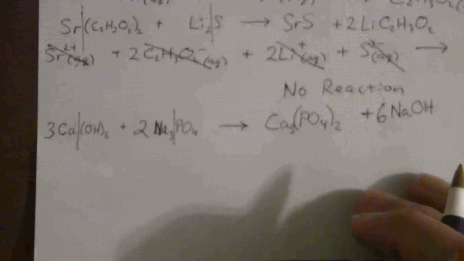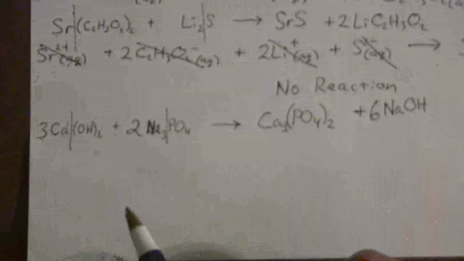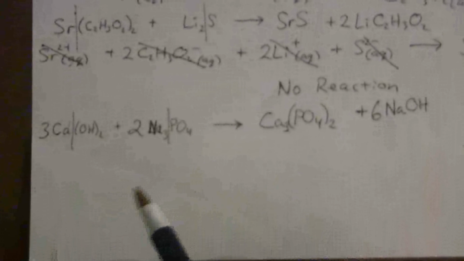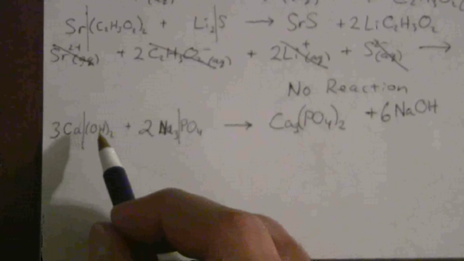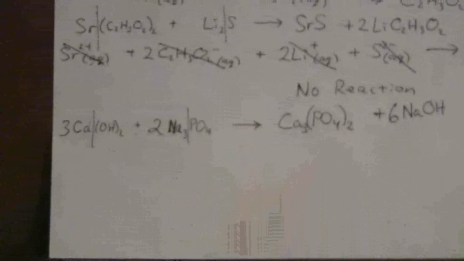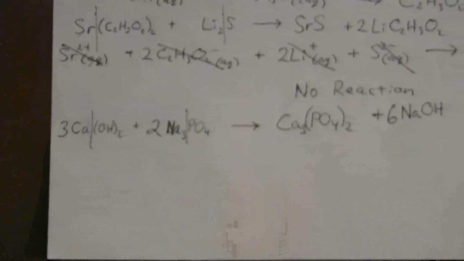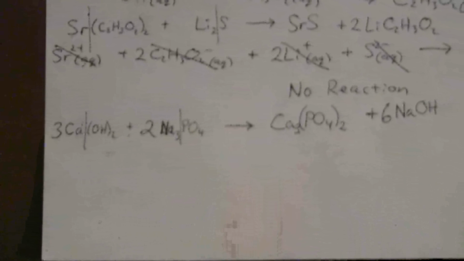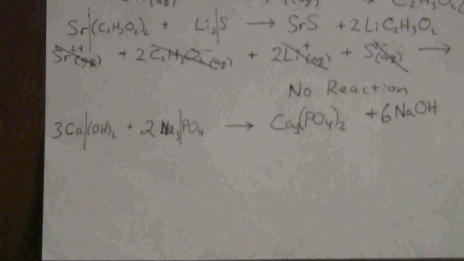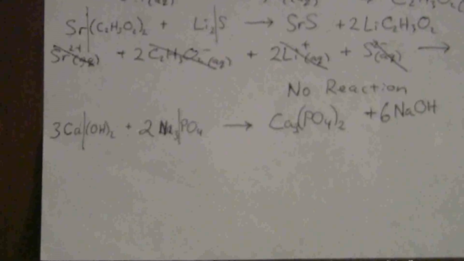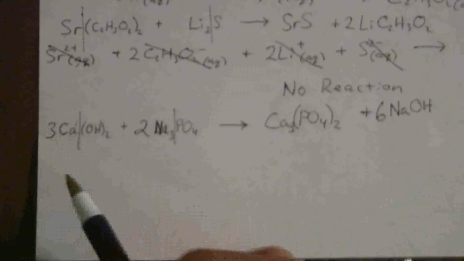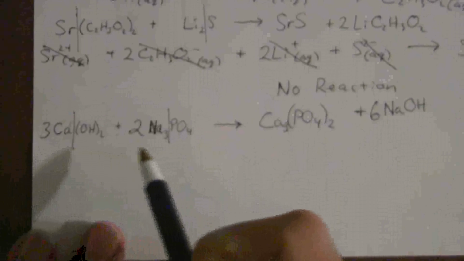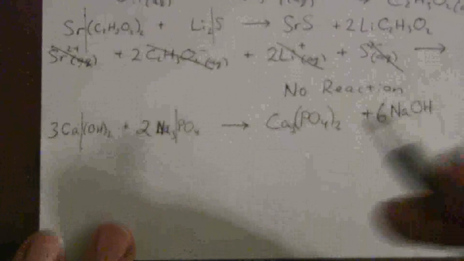Now let's check our tables and find out what is soluble, what is insoluble. Calcium hydroxide, if we look under the hydroxides, we find they are generally insoluble. We check the exceptions, and it says when hydroxide pairs with calcium, among others, the resulting compound is slightly soluble. Okay, so we would say calcium hydroxide is slightly soluble, right?